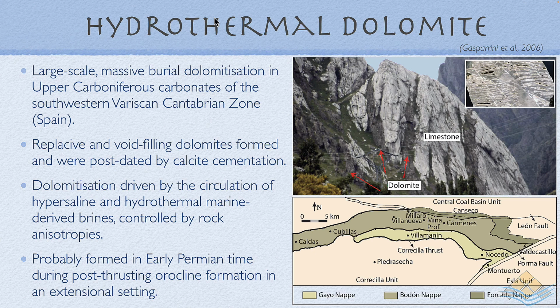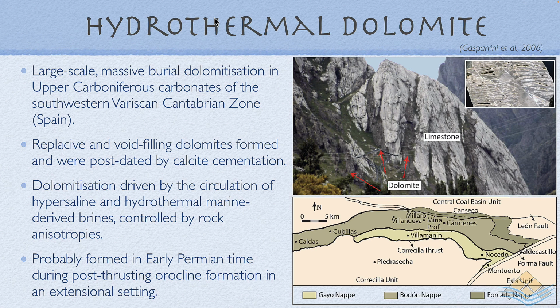So this type of replacive and void-filling dolomite is typically tied to the circulation of hypersaline and hydrothermal marine-derived brines, where the entry into the system is fed by a fault, and then it's controlled by the anisotropy in the rock poroperm in the subsurface. In this particular case, in the Cantabrian zone in Spain, we probably formed these dolomites in early Permian time, during the post-thrusting orocline formation in what was an extensional setting.